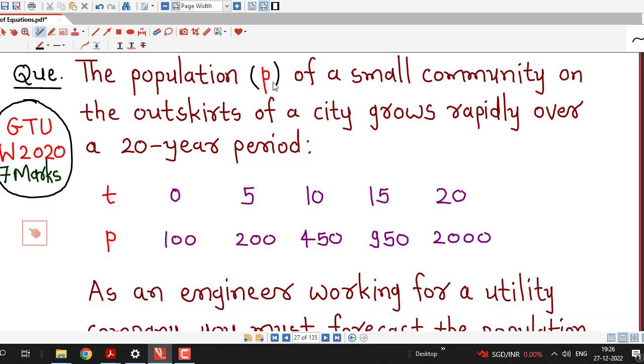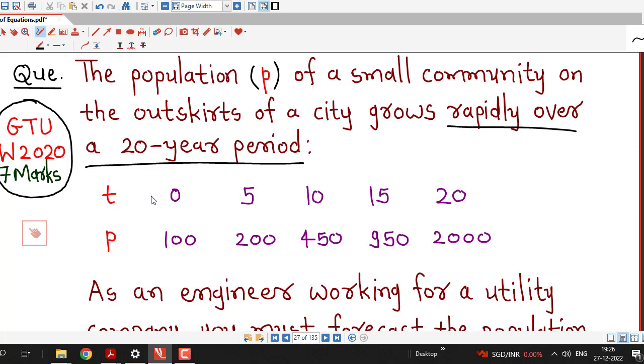The population denoted by small p of a small community on the outskirts of a city grows rapidly over a 20-year period. So here we are given some population of a small community on the outskirts of a city for different time periods.